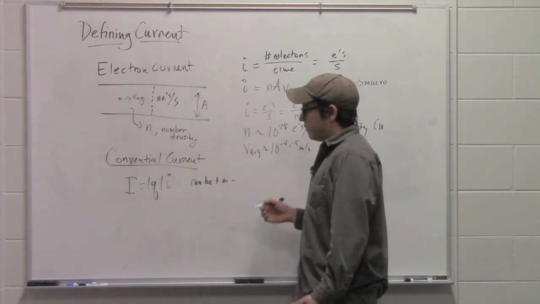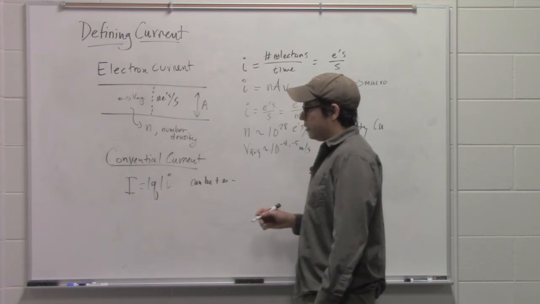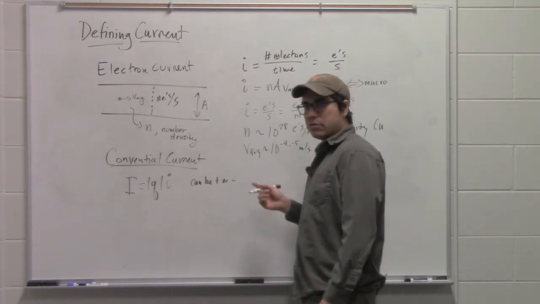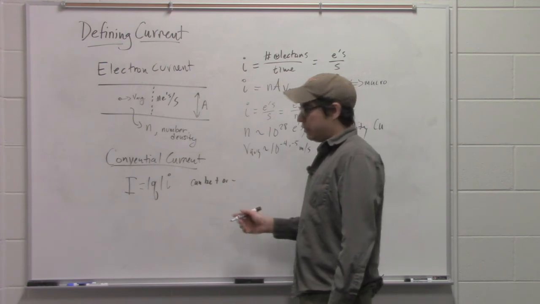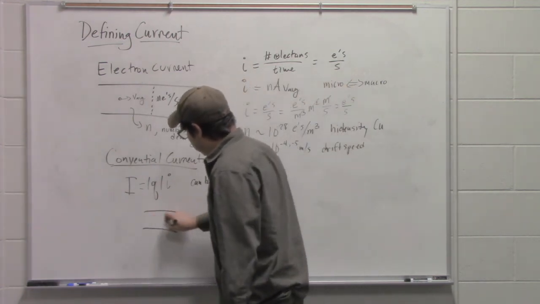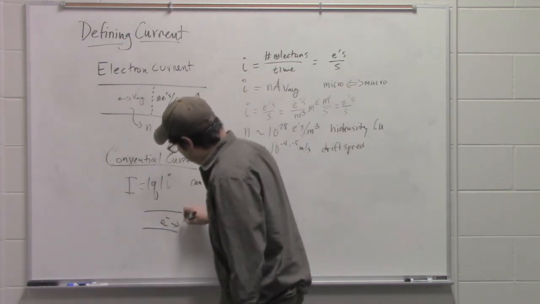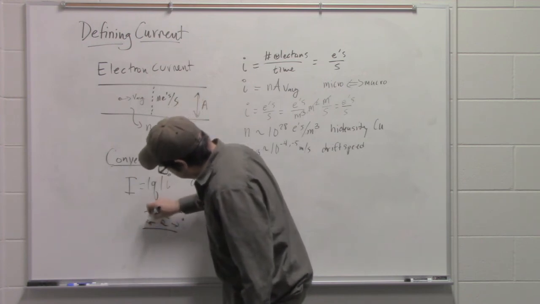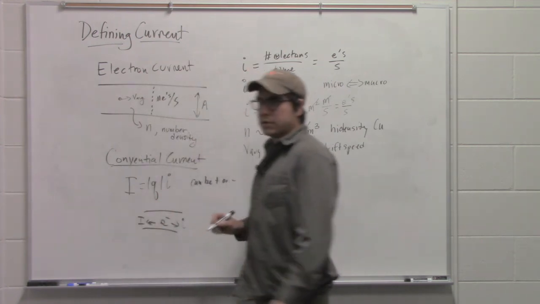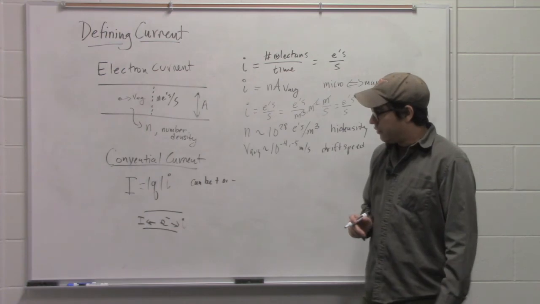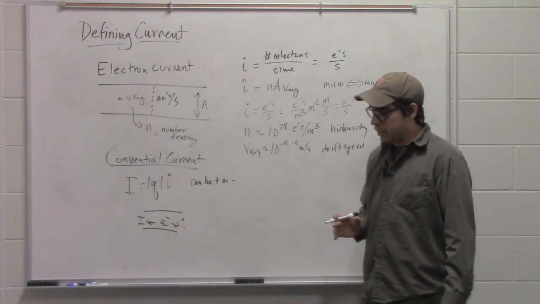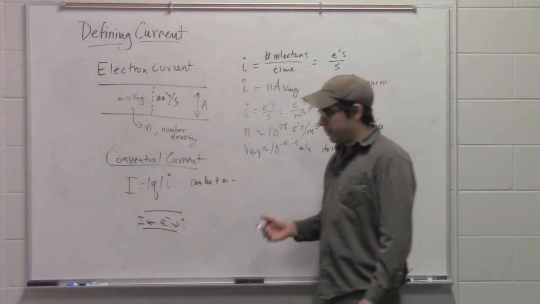The other thing that we have to pay attention to is that this conventional current for negative charges goes in the opposite direction of the electron current. The electrons actually move this way, but the conventional current that we measure is measured in the direction that positive charges move. That confusion is brought to you by Benjamin Franklin.